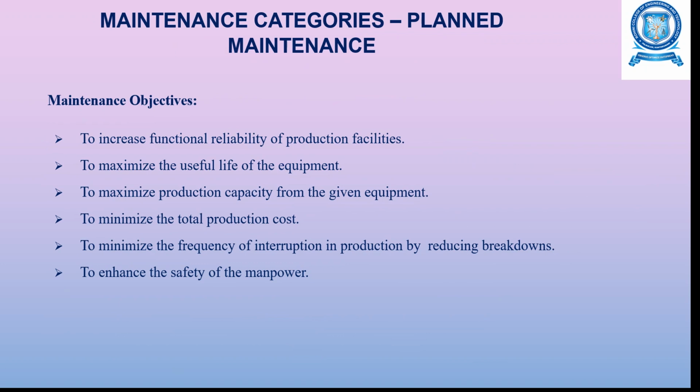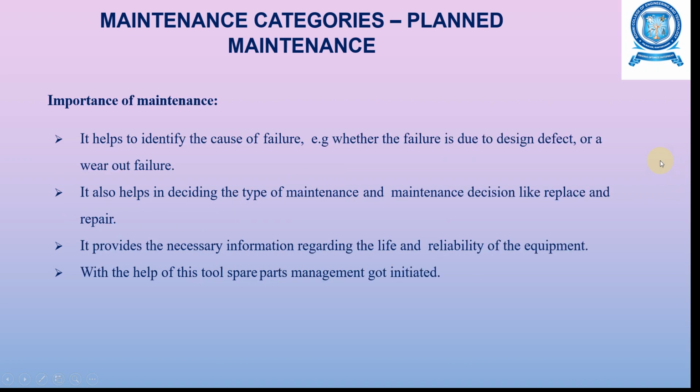So coming to the objectives of maintenance: to increase functional reliability of the production facilities, to maximize the useful life of the equipment and the production capacity from the given equipment, to minimize the total production cost, to minimize the frequency of interruption in production by reducing breakdowns, and to enhance the safety of the manpower, which is a very, very important objective.